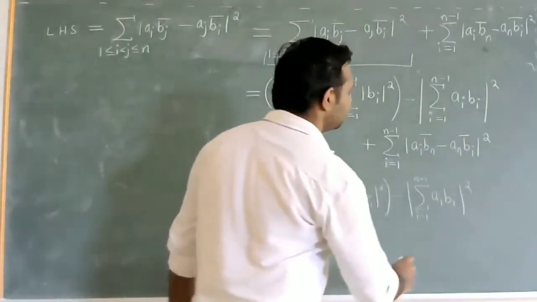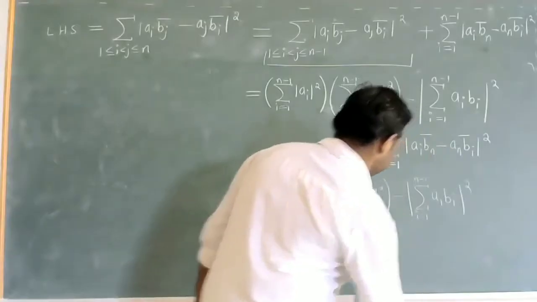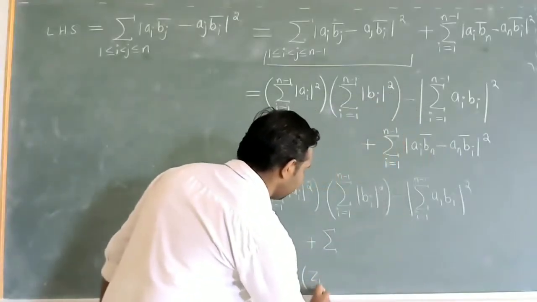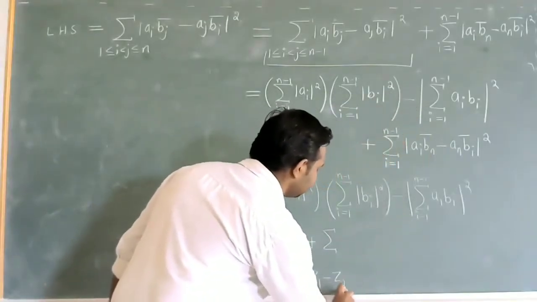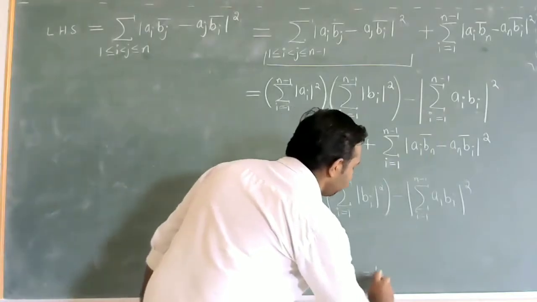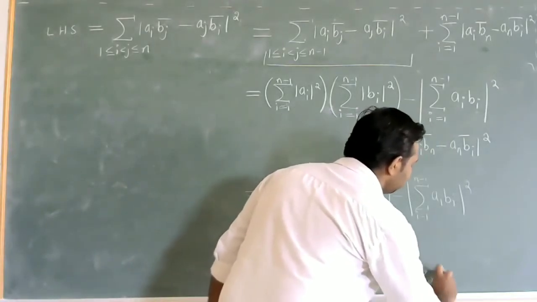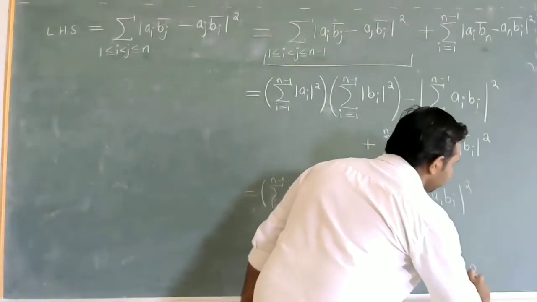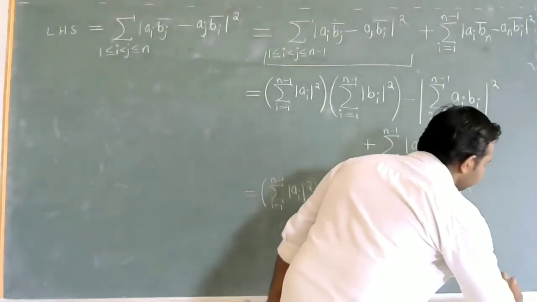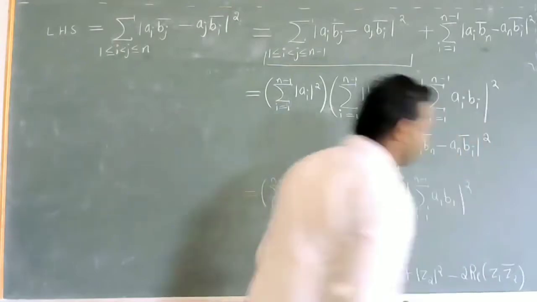So recall, modulus of z1 minus z2 whole square is modulus of z1 whole square plus modulus of z2 whole square minus 2 into real part of z1 into z2 bar.